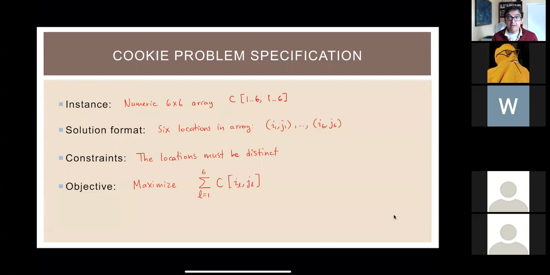Any questions about that? So this is our cookie tray problem. This is how we would write it down formally.